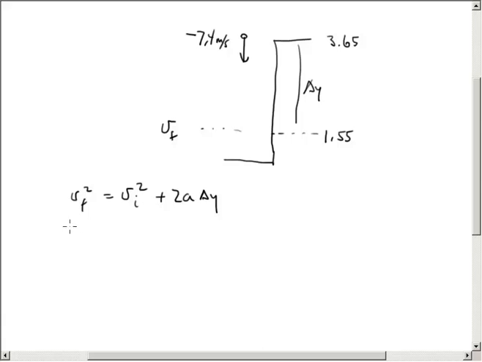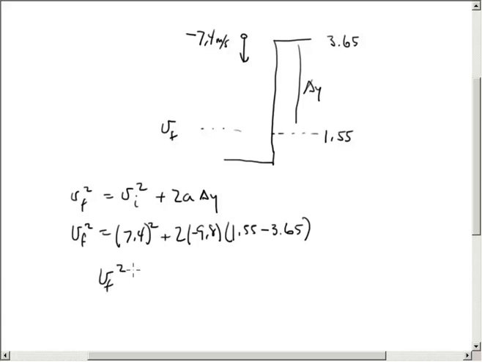And vf squared will therefore be equal to 7.4 meters per second squared plus 2 times minus 9.8 times delta y, which would be 1.55 minus 3.65. On calculating that, you obtain vf squared equal to 95.92, which means that vf equal to 9.8 meters per second.